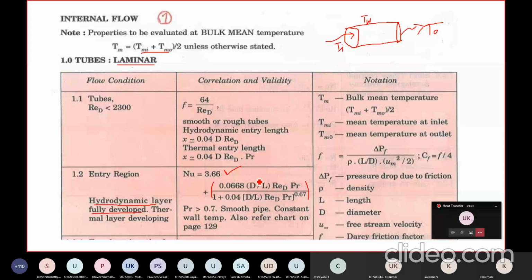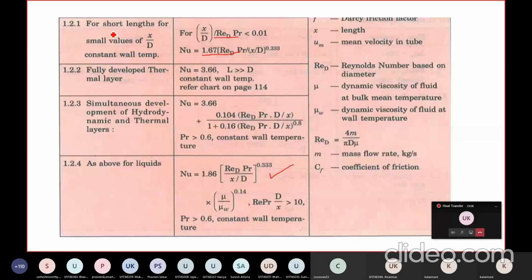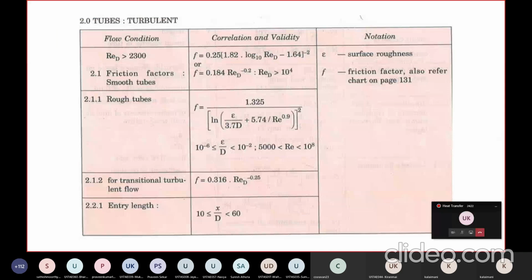We can use this relation also, or otherwise, if it is a short pipe length, then we can use this relation. This formula is also suitable for a fully developed hydrodynamic boundary layer while the wall is maintained at a constant wall temperature. We have to find this ratio x by d divided by Reynolds number d and Prandtl number. If this value is less than 0.01, then we can use this relation also.